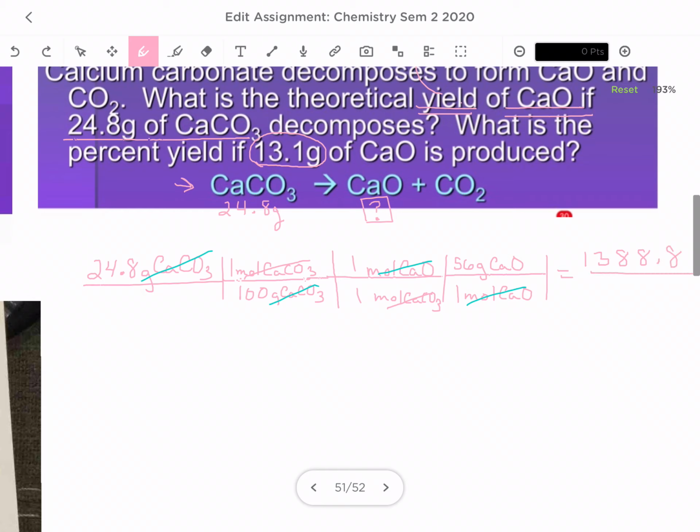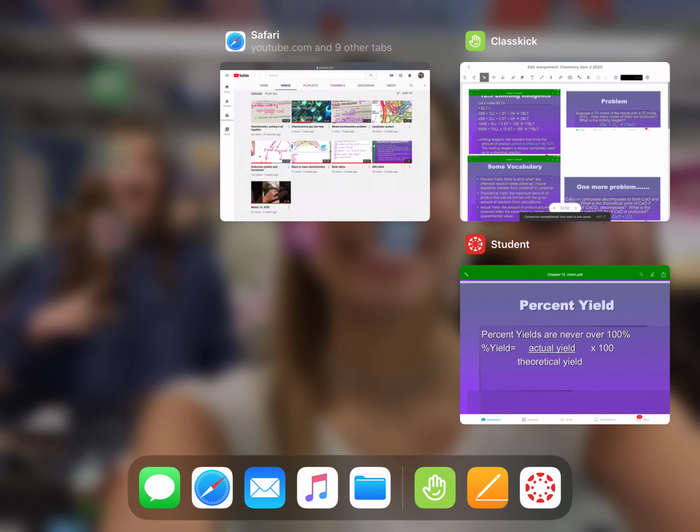Okay, so divided by 100 is 13.888 grams of CaO. Now, significant figures says I can only keep 3 because the number I started with over here only has 3. So I'm going to round that to 13.9 grams.